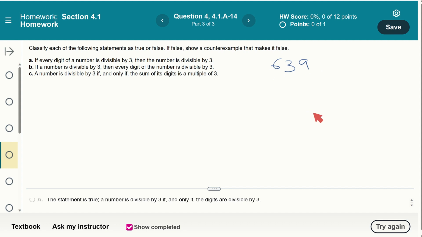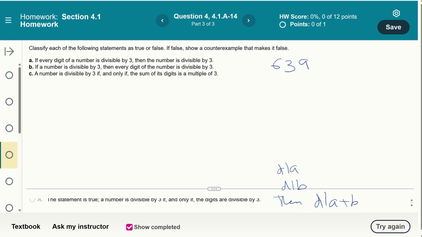And therefore, remember we had a rule that said if D divides A and D divides B, then D divides A plus B.